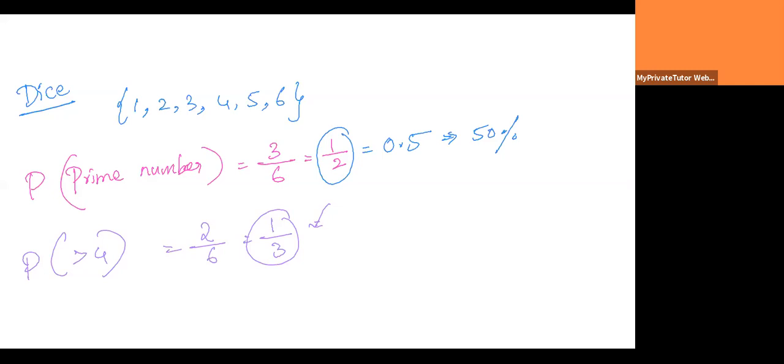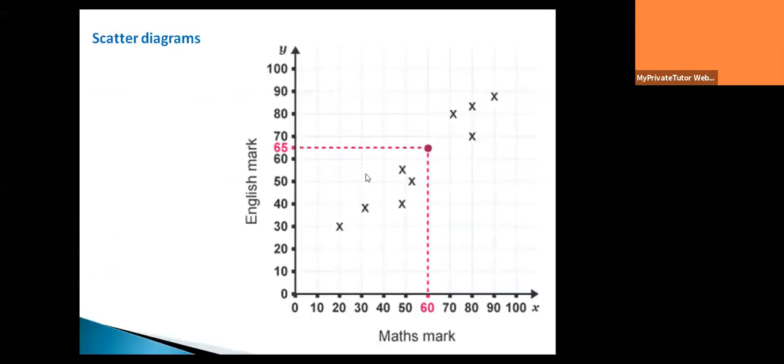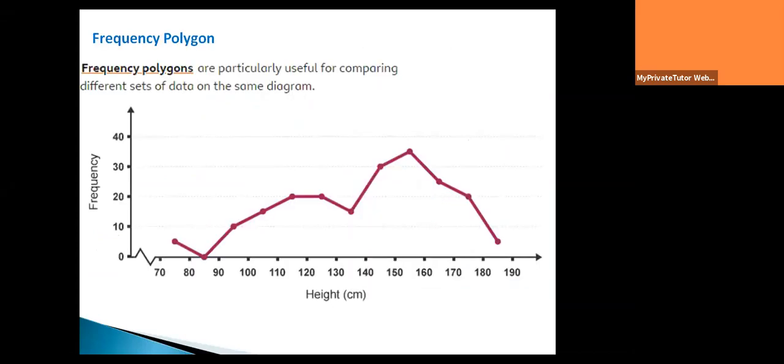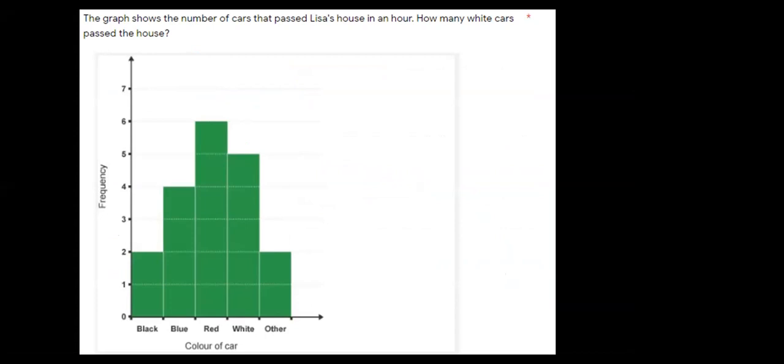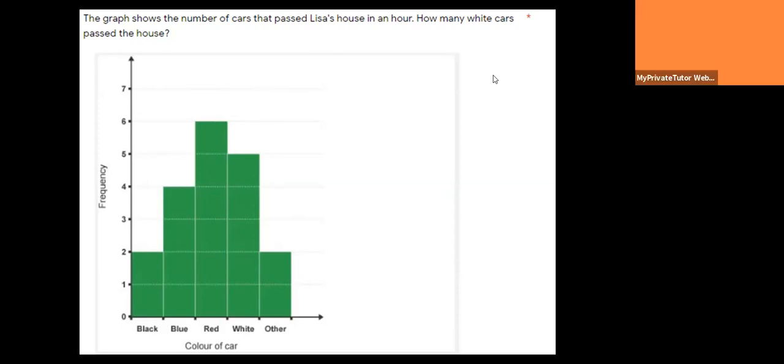So what's today's chapter's name? The basics of statistics, class 9. Okay. So quickly, try to answer these questions. The graph shows... 5.